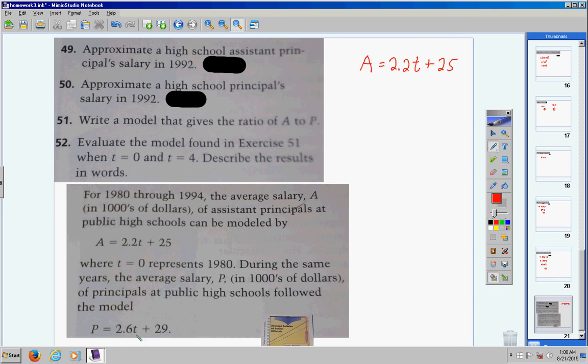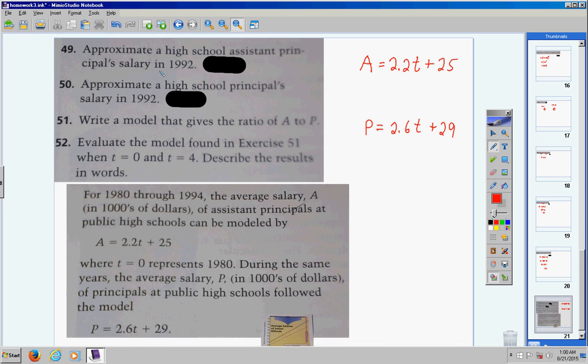Now there's also a model here for a principal, not an assistant principal, but a regular principal. And here's that model. Same thing, okay? When T equals 0, that corresponds to 1980 for both of these formulas, okay? And both of these models are in thousands of dollars.